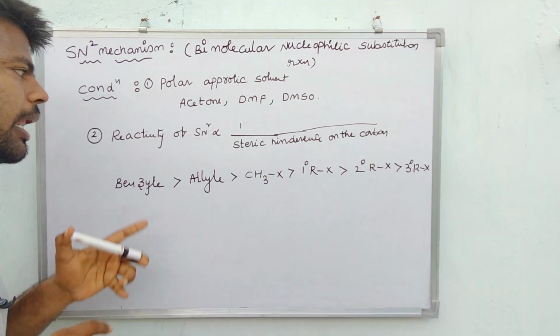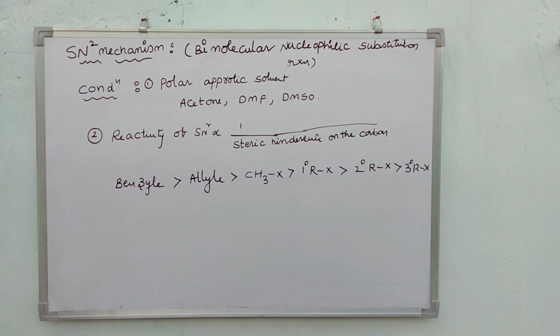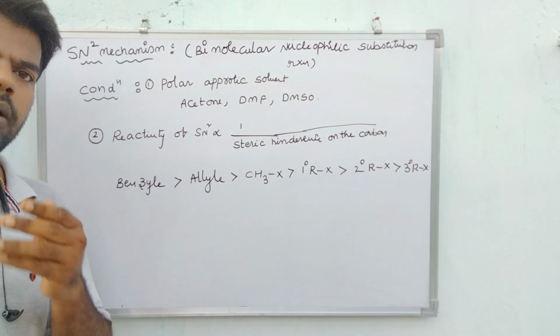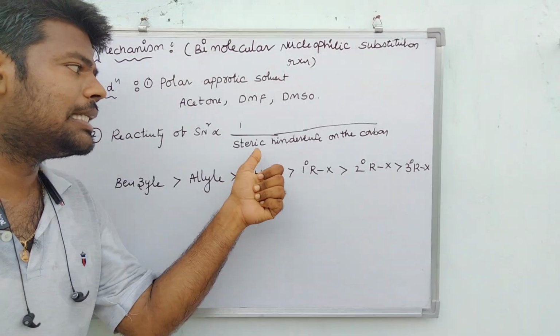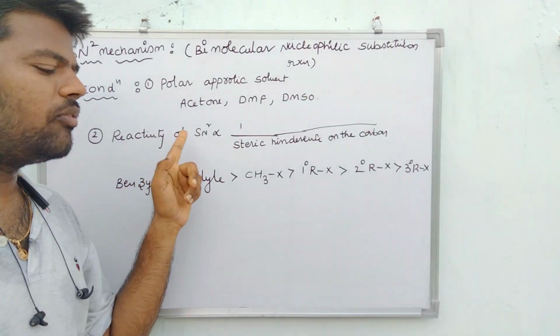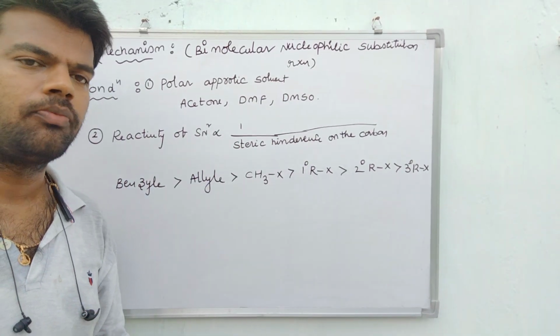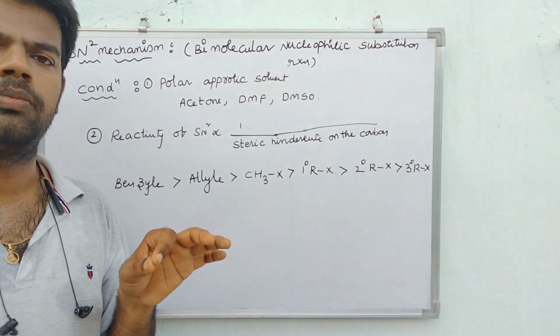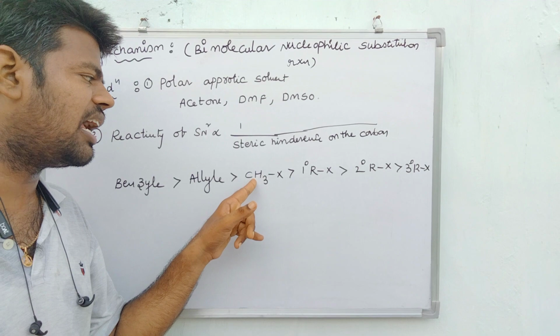Why do benzyl and allyl compounds react so readily in the SN2 mechanism? Due to resonance, benzyl and allyl compounds undergo SN2 more quickly. One more important thing is that steric hindrance on the carbon atom is inversely proportional to SN2 reactivity. For this carbon connected to simple groups, three simple hydrogens are on the carbon.